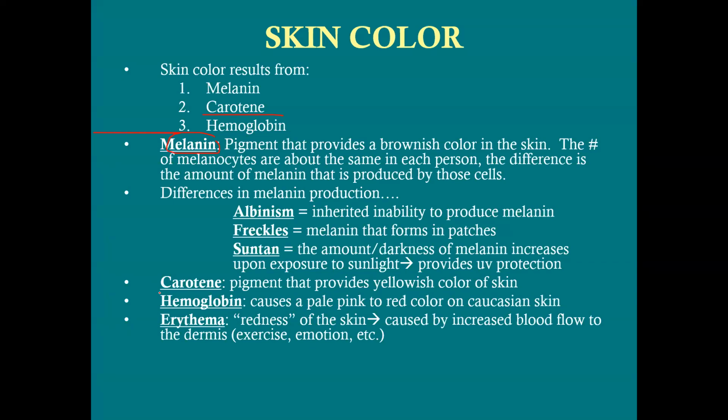Now, here's the thing with albinism. When I say albinism, of course, I mean we're talking about albinos. An albino is somebody with a genetic condition which makes their melanocytes ineffective. By that I mean they're not able to produce functional melanin.